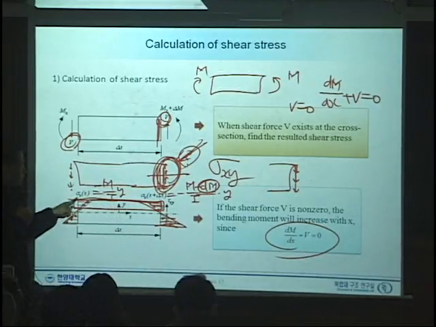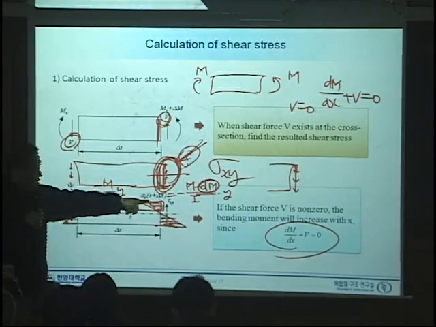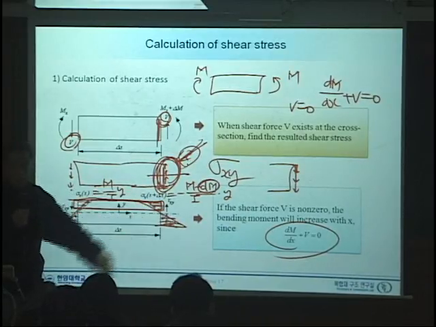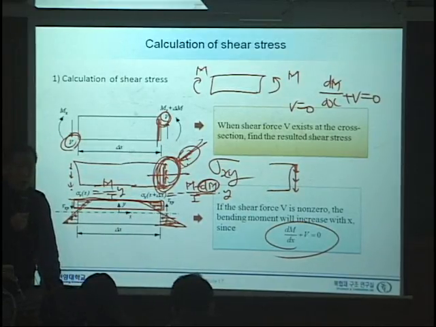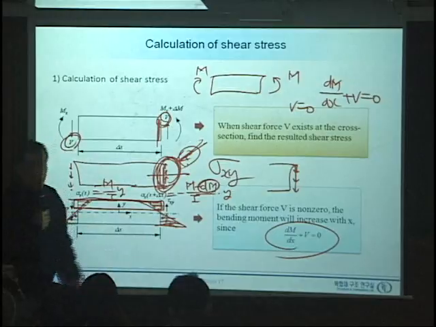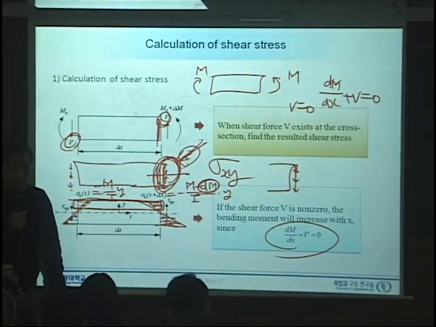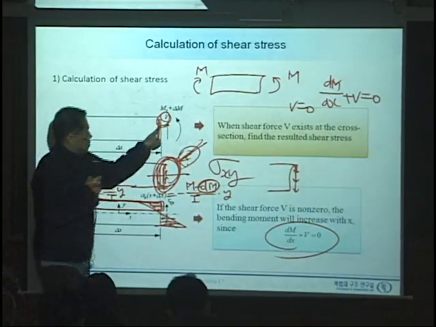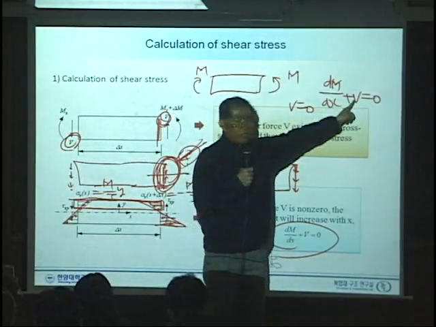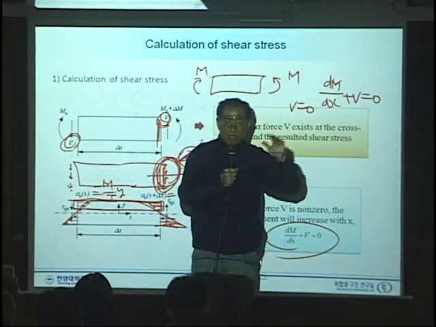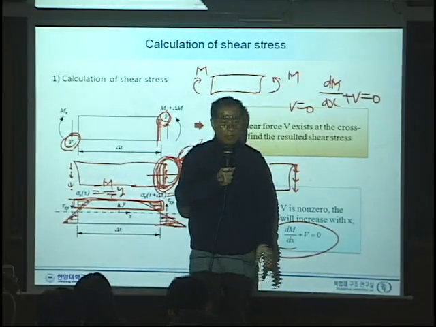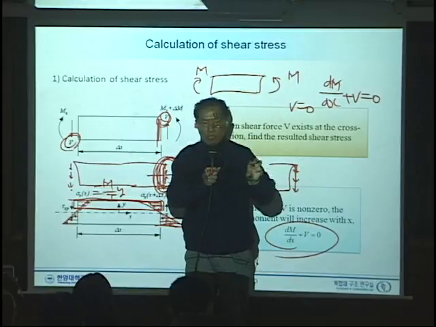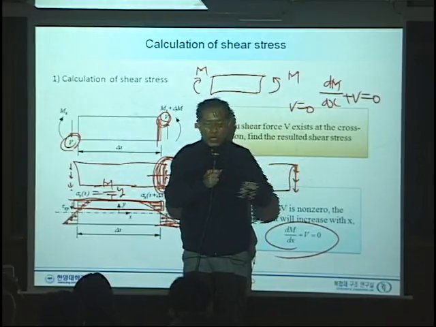As you can see here, this sigma x and this sigma x are different. There is some increase, right? Why? Because the moment has increased by a certain amount. Why did the moment increase? Because of a V. If there's a V there, there's always a moment increase. See, every step is very much logically chained.